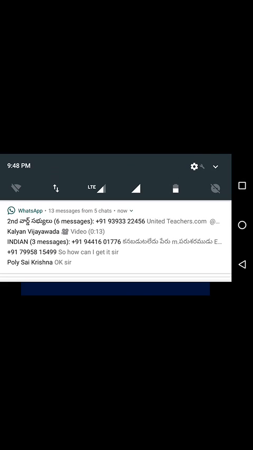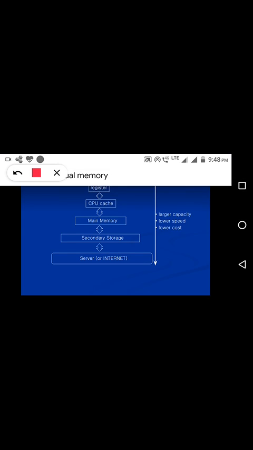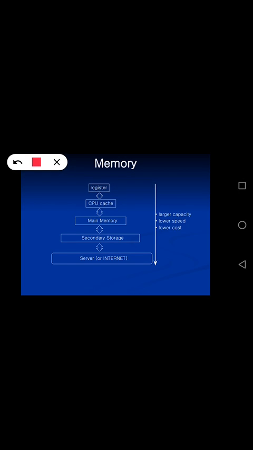The cache works on a special principle: only such data or instructions should be placed in cache which can be accessed very frequently in the near future by the processor.